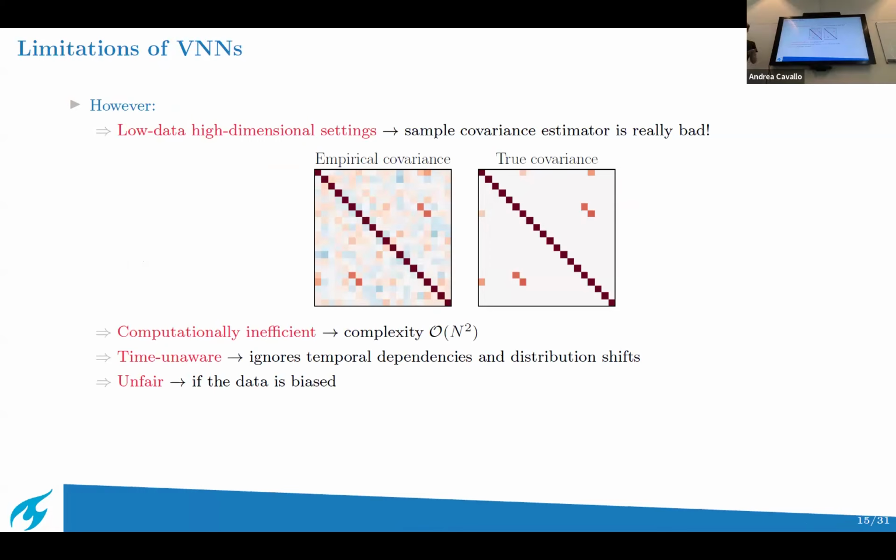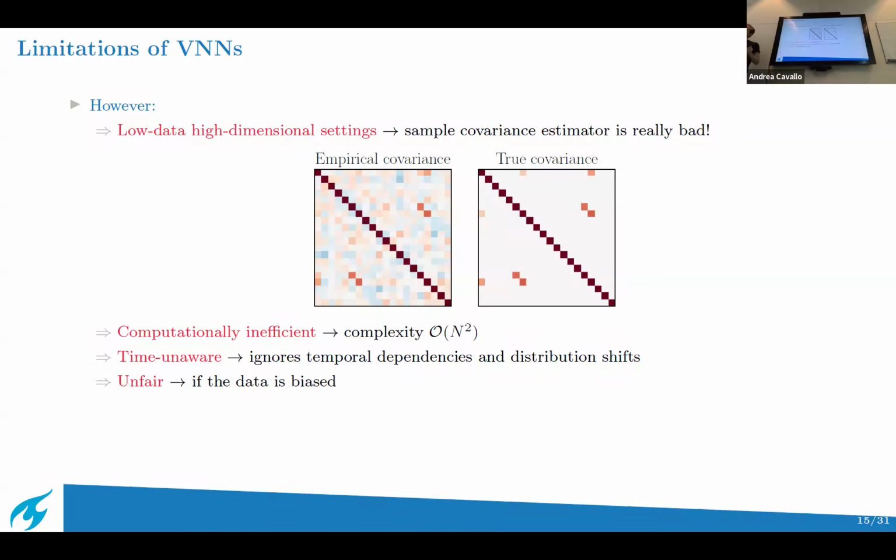But we still have a few problems to solve. The first one is that this estimator, so if you just compute a covariance matrix from the samples using the sample covariance estimator, you might have a bad estimate in some settings, right? So if your true covariance is sparse, which of course you don't know for sure, but you can assume based on your data, then the sample covariance estimator will be worse than other alternatives.